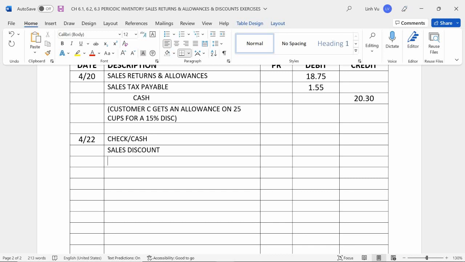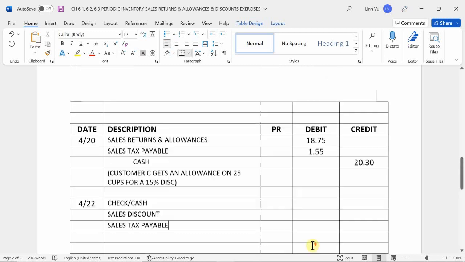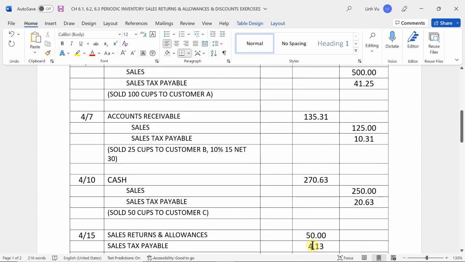So in this case, we do actually have to use sales tax, but we're not going to put it as a credit, right? We're not charging the sales tax. We're giving the sales tax money back because originally, when we sold the product to him, we charged him for the full amount of sales.